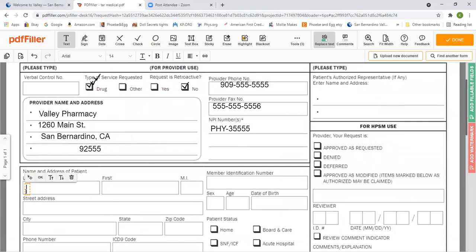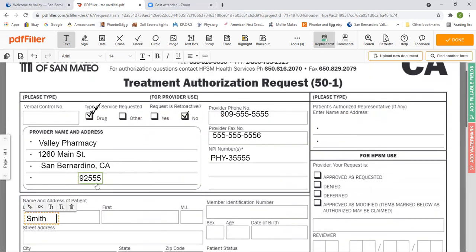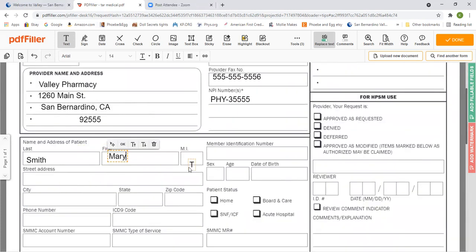So the name and address of the patient, the last name of the patient, the first name of the patient, and I don't remember what the exact one on your sheet is, but we're going to go with Mary Smith, say.